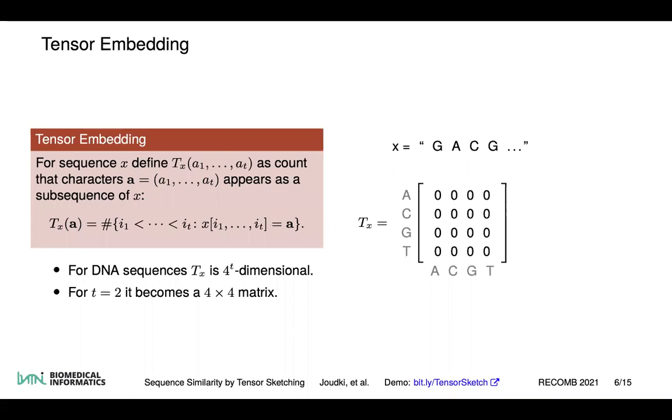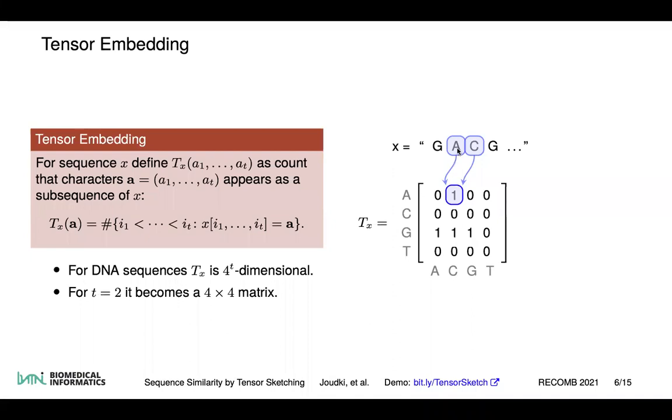And each element in the matrix is the count of that pair appearing in the sequence, with an arbitrary number of gaps. So for example, G appears before A, so we increment row G and column A, and G also appears before C, so we increment row G and now column C, and so on. So we iterate through all these pairs where one appears before another.